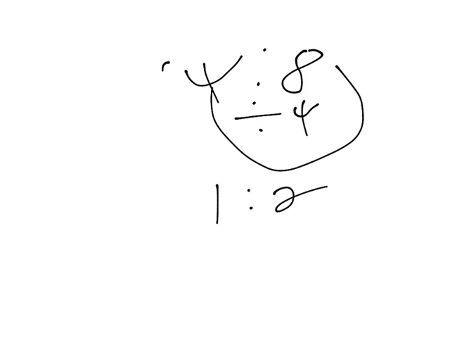And that's a small little ratio for girl to boy. Just a small recap: if you're multiplying by something, you're scaling up. If you're dividing by something, you're scaling down.